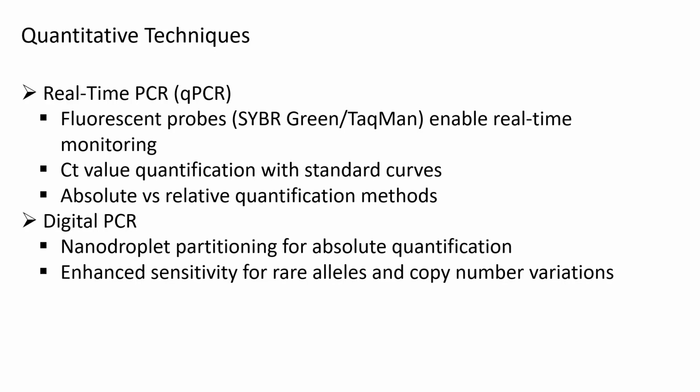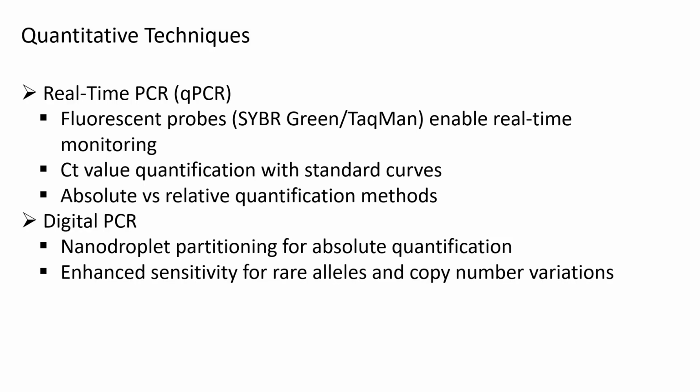These enable real-time monitoring. If on top of the PCR machine, the thermal cycler unit, you add a detection platform in which you can excite and collect the fluorescence using photomultiplier tubes or avalanche detectors, and detect those fluorescence signals, what you get is real-time PCR. So it's a thermal cycler plus the detection unit, in which these fluorescent probes are used.